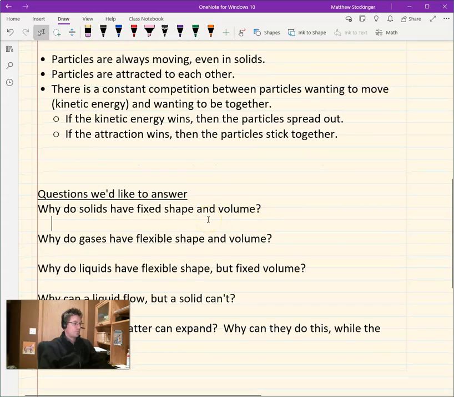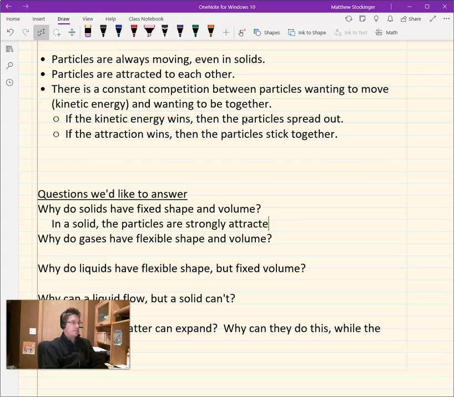Okay, so we can put that into a sentence. In a solid, the particles are strongly attracted to each other.